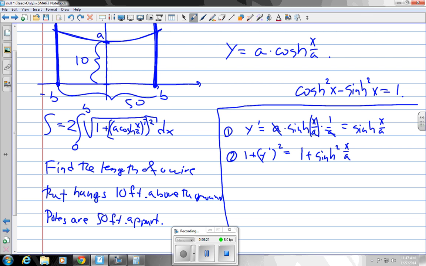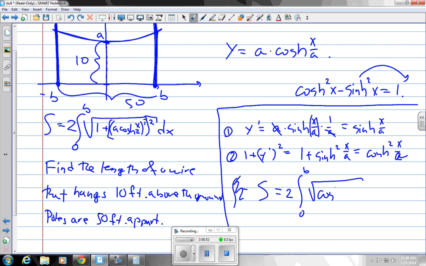Which becomes hyperbolic cosine squared of x over a. I can just manipulate that formula like that. So we like that because it's just a square under the square root. So then when I need to integrate, the length is 2 integral from 0 to b of the square root of cosh squared of x over a dx.